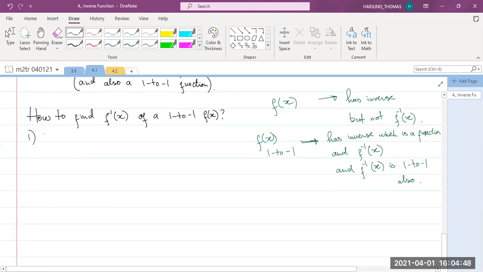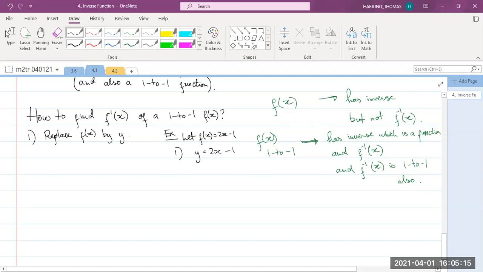Step one, replace f(x) by y. So let's say, for example, an easy one, let f(x) equal 2x minus 1. Your step one will be replace f(x) with y.